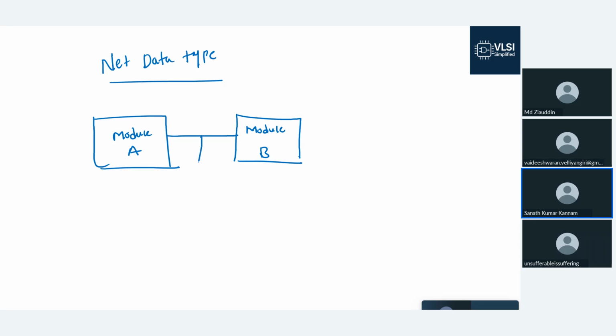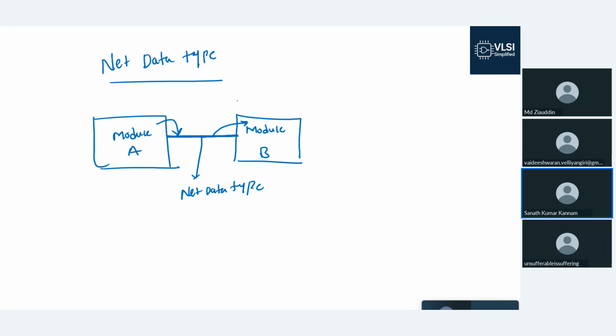If you are using a net data type, whatever module A has, it will continuously drive the value into this line and it is available in this wire. Module B will receive that value from this wire. So that is the net data type.